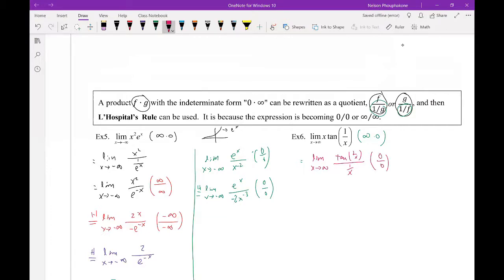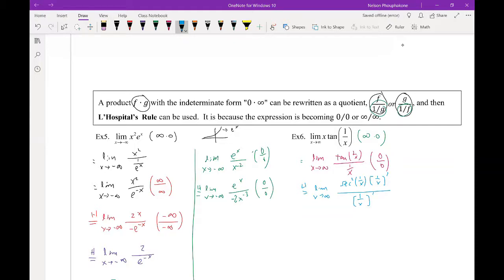Then I'm going to apply the L'Hopital rule. Then I have the limit x approaching infinity of, not sine, but secant squared of 1 over x, and then I take the derivative of 1 over x. And the denominator, again, I also need to take the derivative of 1 over x.